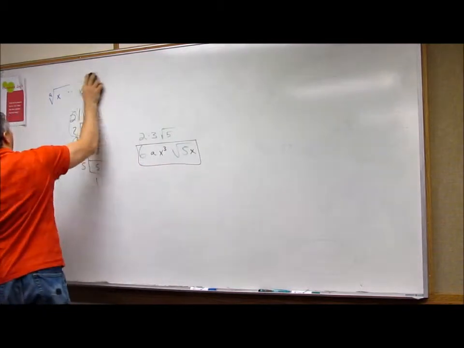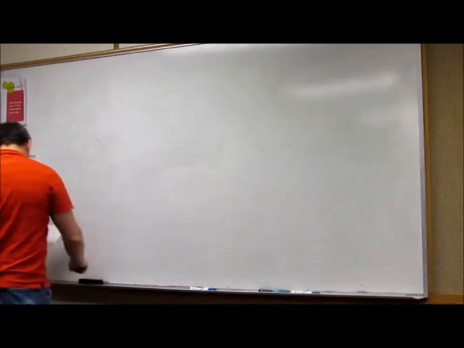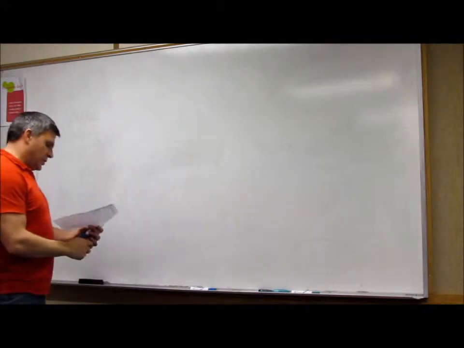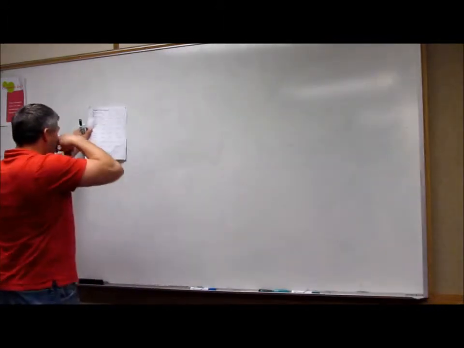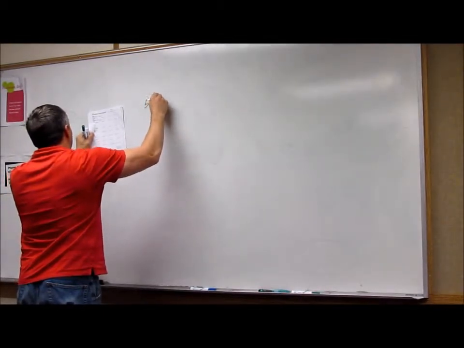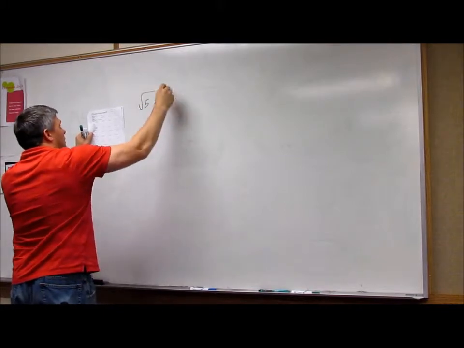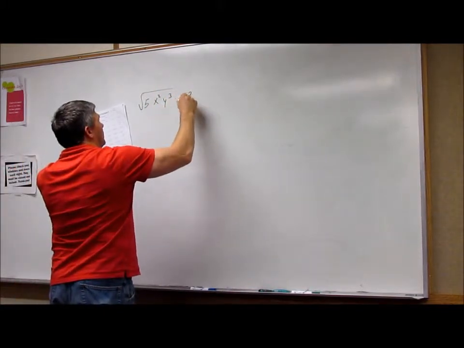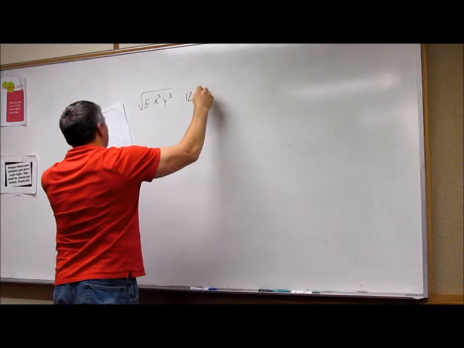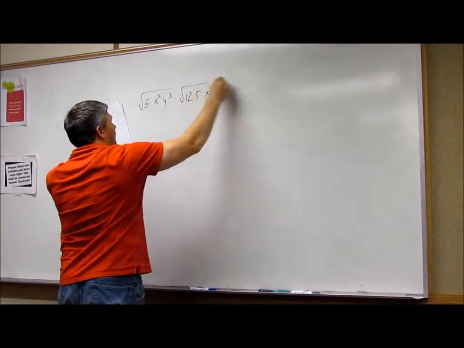Alright, now it's time for multiplying and dividing. Multiplying. 5 x squared y cubed times 125 x y squared.